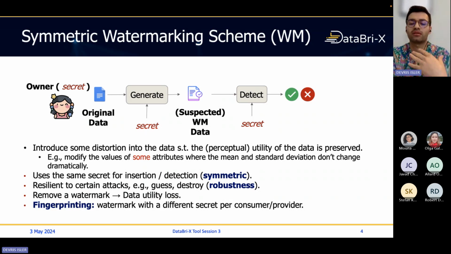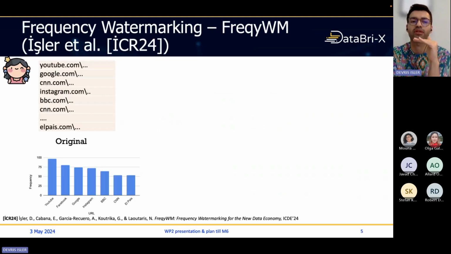And then how is it actually going to work? I'm going to give a quick example from DataBri-X, which we brought as IMDEA. This is the solution that we proposed in a conference paper, which we called FreeQVM. This is one nice quick example, and you can think about it in any case.